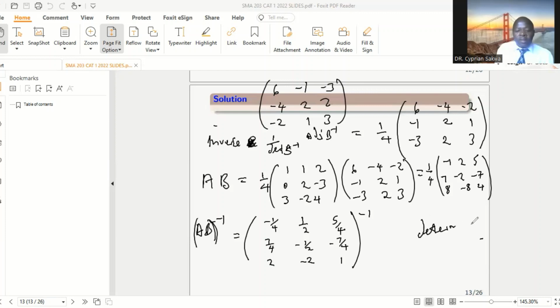I used the determinant, and it was negative 19 out of 4. And then proceed with the cofactor method. Get the cofactor matrix, then the adjoint of this matrix, and then the inverse. And when you do that, you'll find the inverse as the final answer.